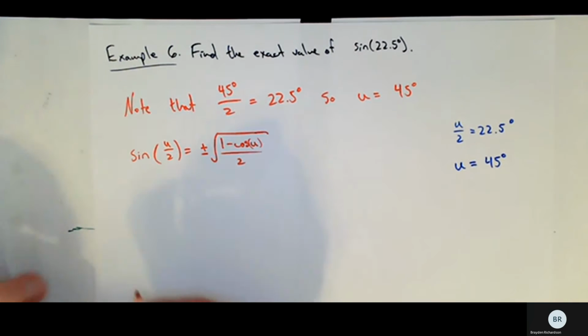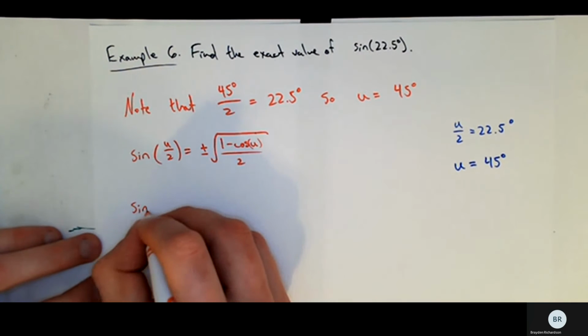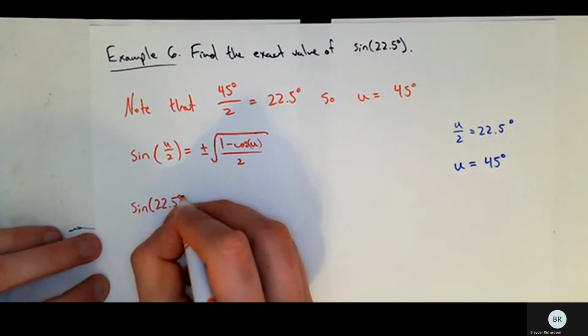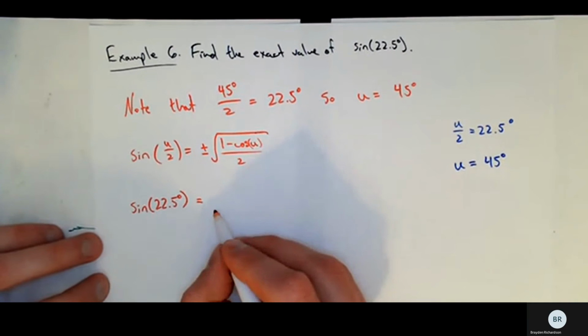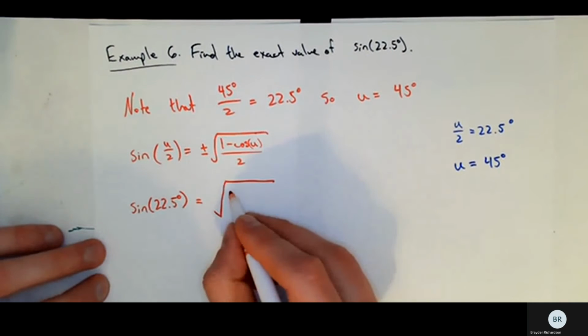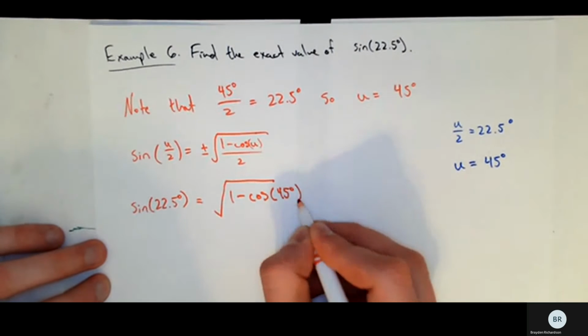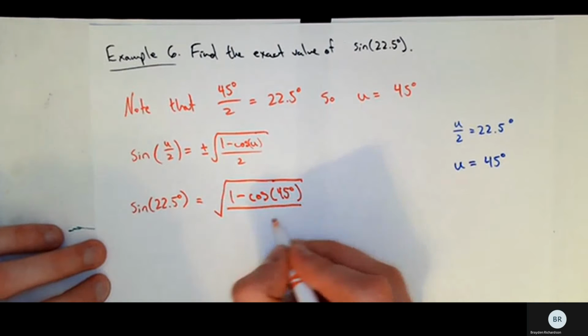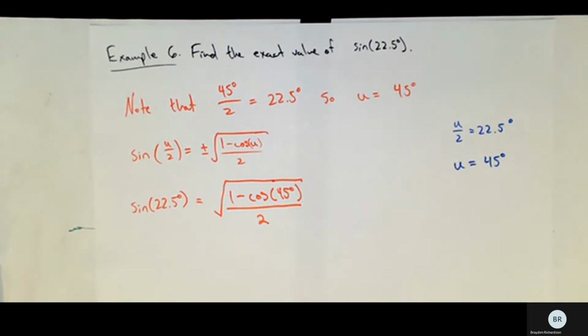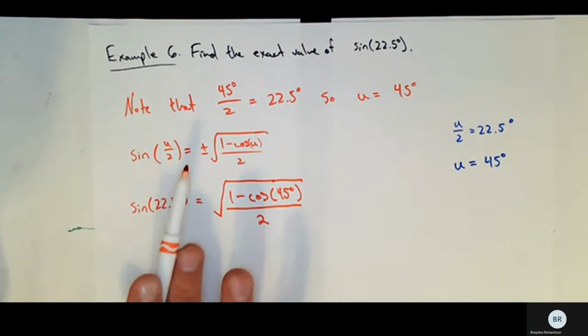All right, so now I'm ready to plug in, because sine of 22.5 degrees is going to be the square root of 1 minus cosine of 45 degrees all over 2. And is it positive or negative, because it's plus or minus?